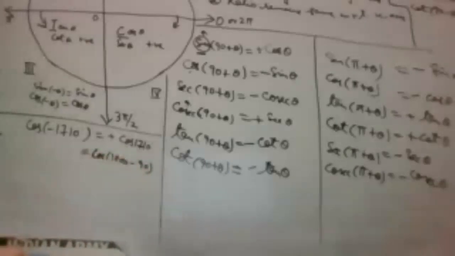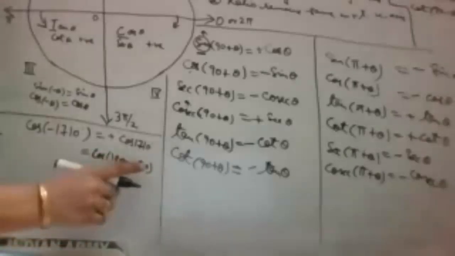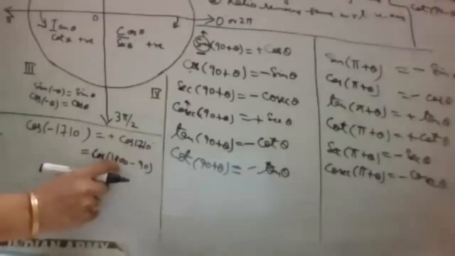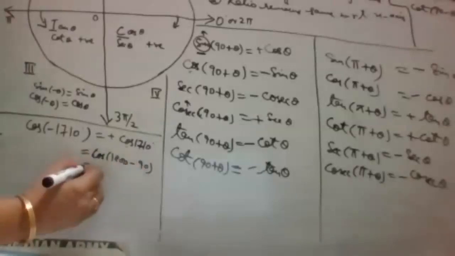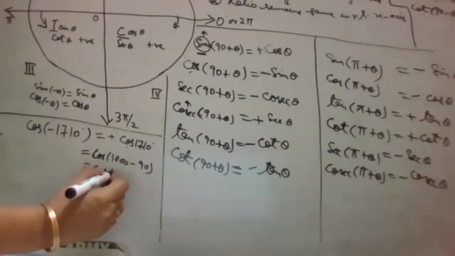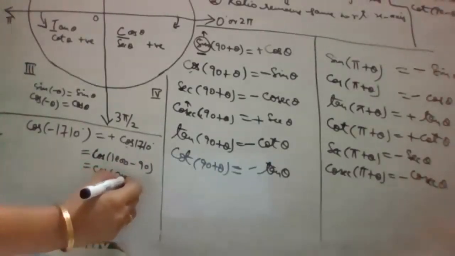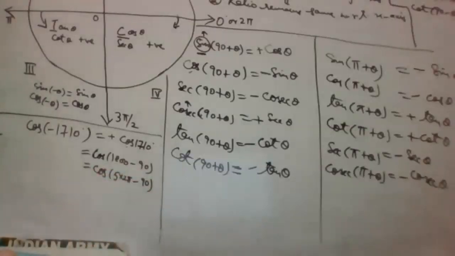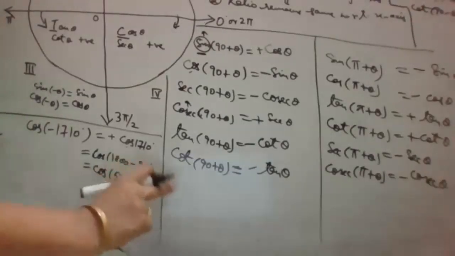Whatever the angle, we always need to convert it to an angle whose value we know. So 1710 can be written as 1800 minus 90, and 1800 is a multiple of 2 pi. This is 5 into 2 pi minus 90. That means we can write it as 2 pi minus 90.